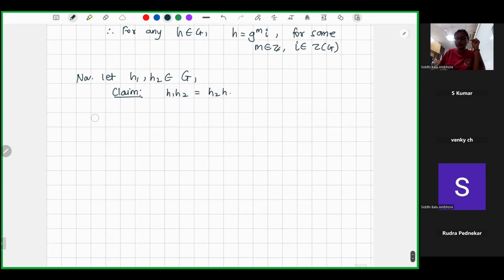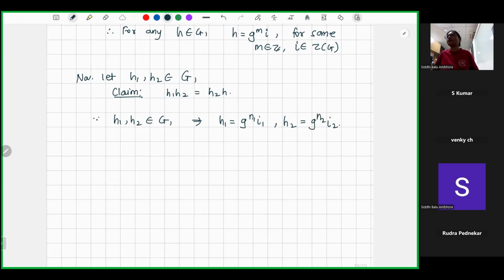Since H1, H2 belong to G, this implies H1 is G power N1 I1, let me write N1 here since we will be writing I1, and H2 will be some G power N2 I2. If you have any doubt, please ask.